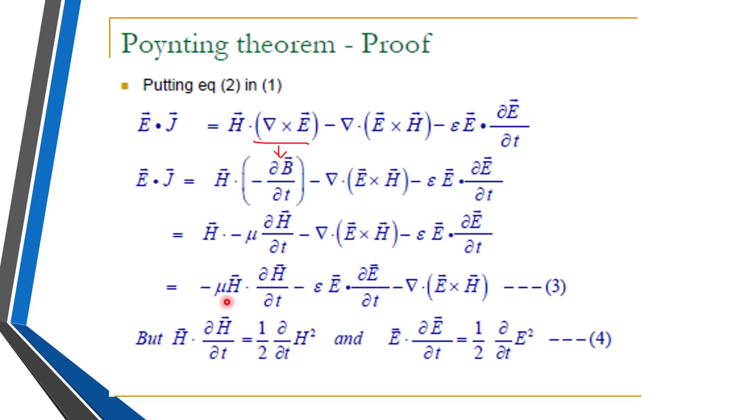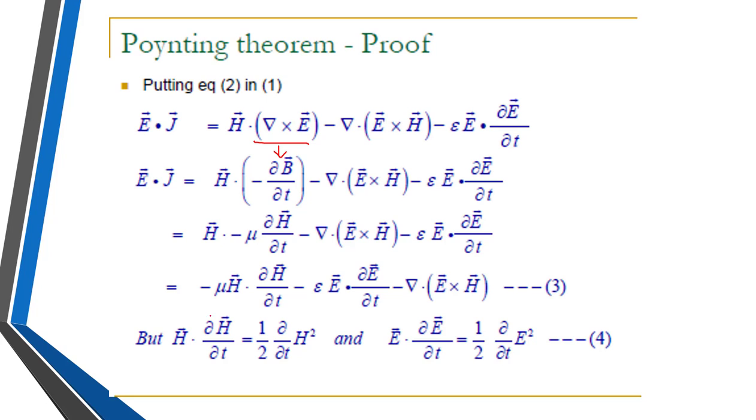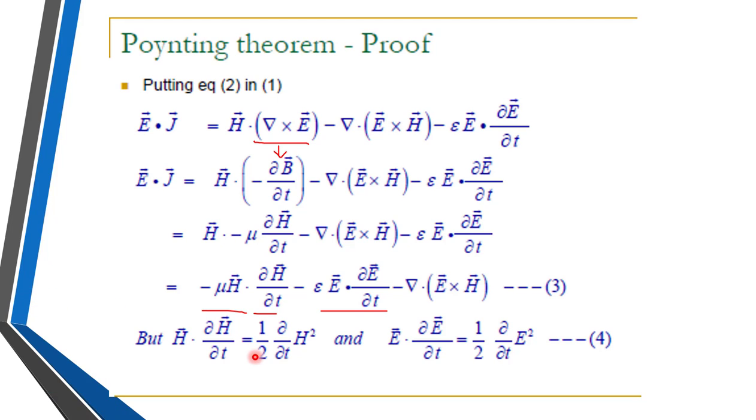Right. So what can we put for the first term and the second term? For the first term, we have H bar dot dou H bar by dou t. Instead of that, I can write its approximate value, which is 1/2 dou H square by dou t.